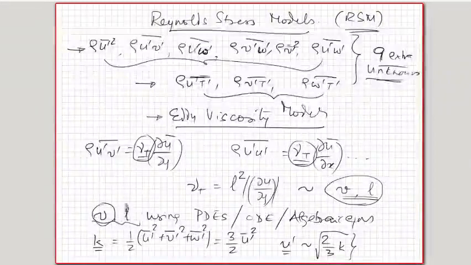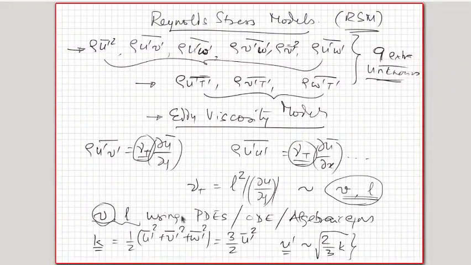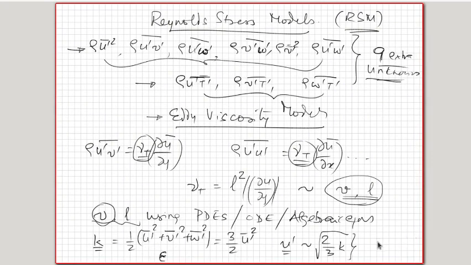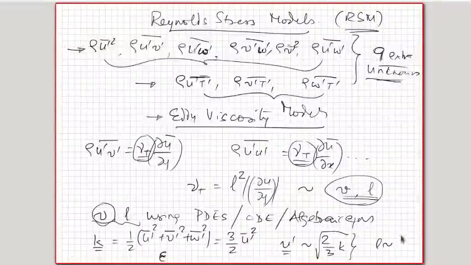Similarly, this length scale could be specified using different terms. One is the epsilon term, which is the rate of dissipation of turbulence. If I have a certain amount of energy k and a certain rate of dissipation epsilon, you find out what will be the length scale over which this dissipation will happen, and you get a length scale which is k to the power of something divided by epsilon.